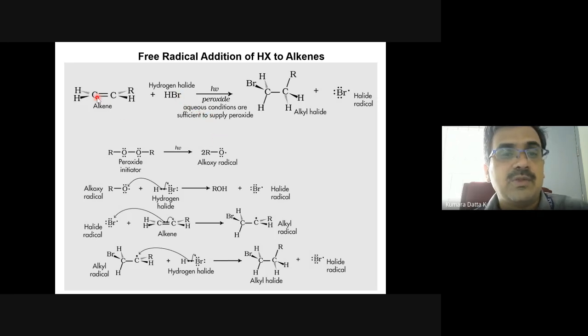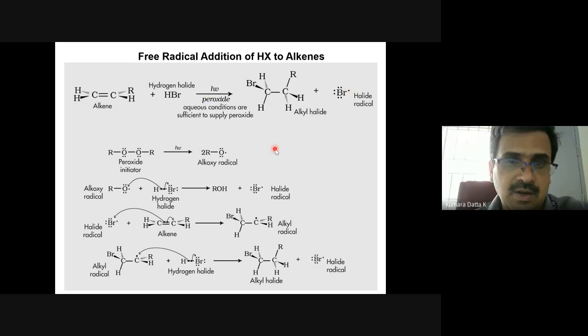Bromine adds to one carbon, hydrogen adds to the other carbon. Till now, what we have seen is substitution, replacing hydrogen with bromine. But now you are literally adding one hydrogen here, one bromine here. This reaction passes through a radical directed way. So we are looking at free radical addition reactions.